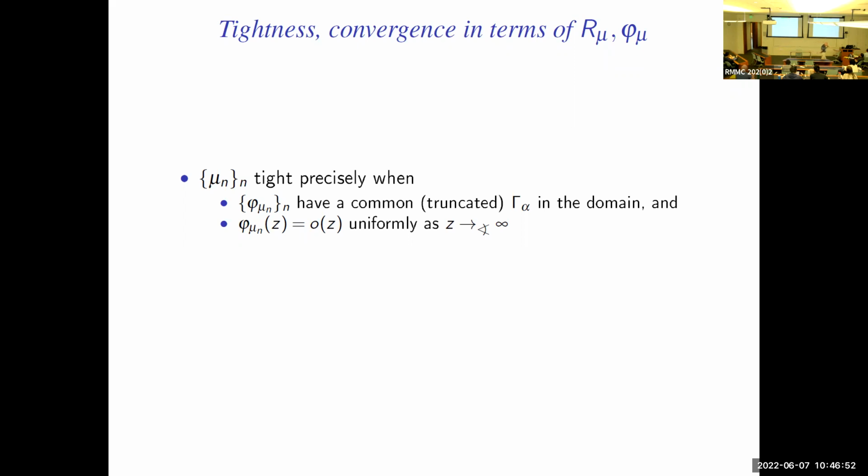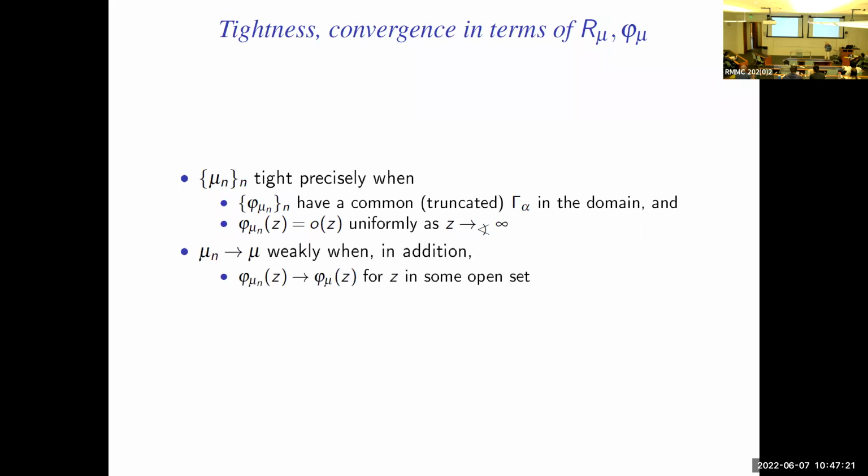It can also be done in terms of these functions phi mu, which are a substitute for the Fourier transform. Phi mu n is tight precisely when the phi mu n have a common domain of definition. So there exists some truncated cone where all of the phi mu's are defined. And also the fact that phi mu is little o of z is uniform over the sequence mu n.